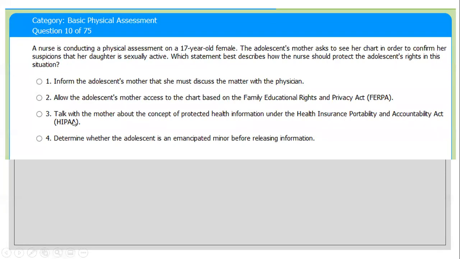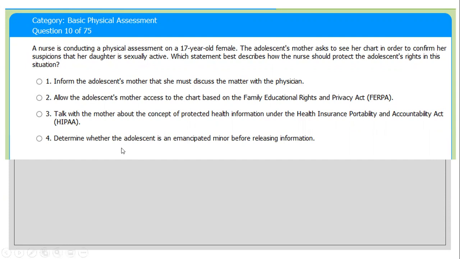HIPAA means Health Insurance Portability and Accountability Act. These rules and regulations, or privacy rule, provide federal protection for personal health information held by covered entities, and also give patients the right to keep their health information private.